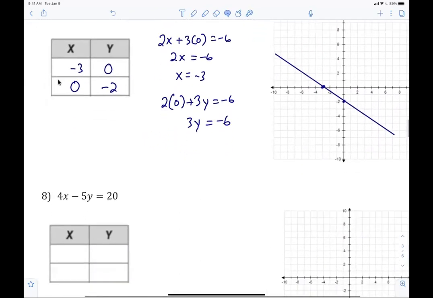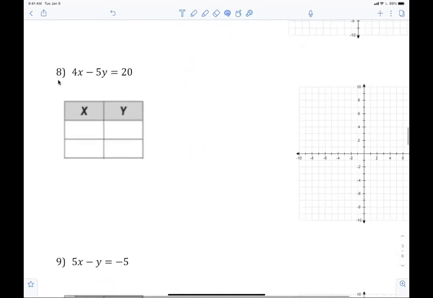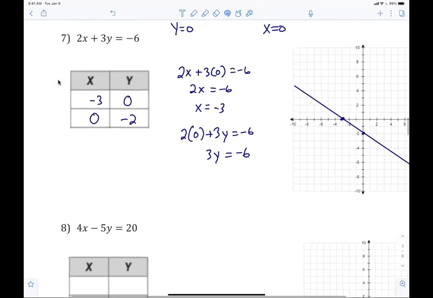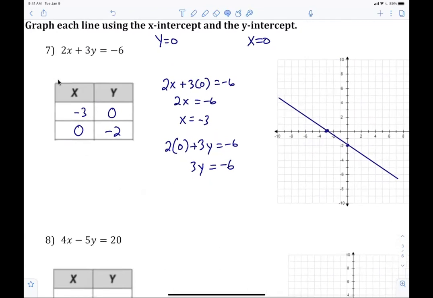Now, I prefer that everyone's looking at number 8 now. What? For number 7, how'd you get -3? On the y-axis, isn't the y value -2 when the x is 0?